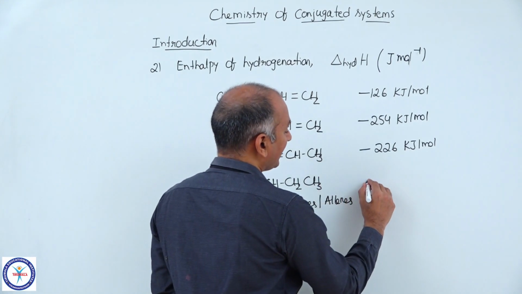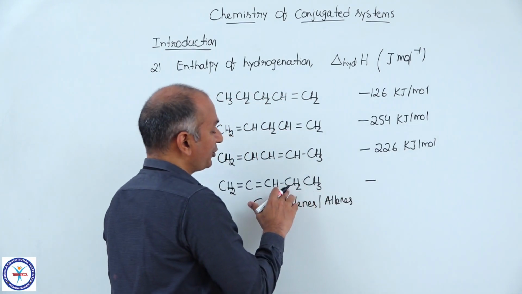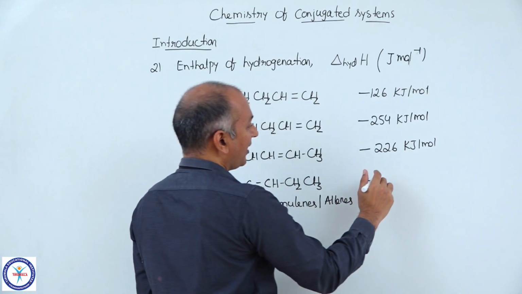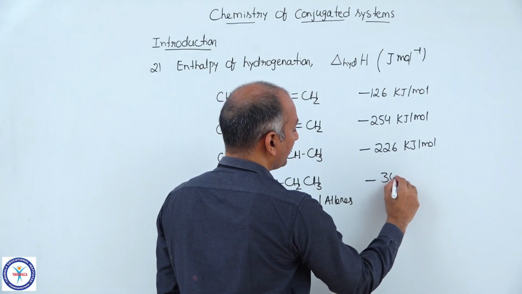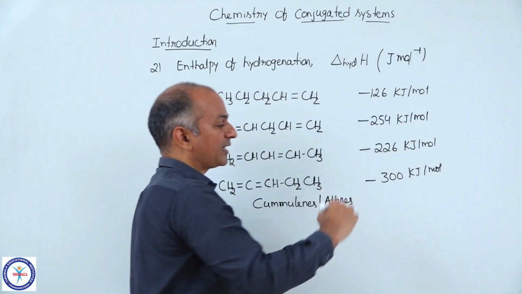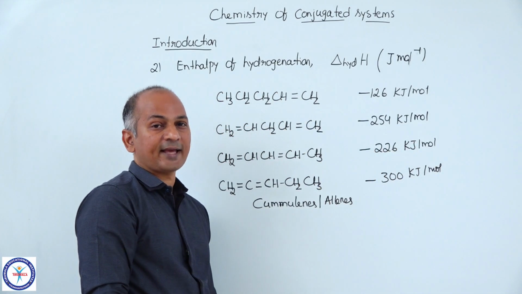As expected, the enthalpy of hydrogenation is more than twice 126, around 300 kilojoules per mole. It is in fact almost 40 kilojoules greater than expected.